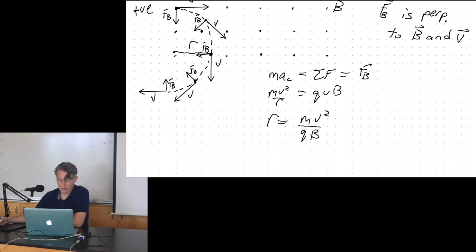Oh, I should have, there should be a v down there, and it cancels, which is equal to mv over qB. I thought that square looked a little bit out of place because I was being a little sloppy there. Okay, so mv over qB. You could take it from there. You can do quite a lot with this.